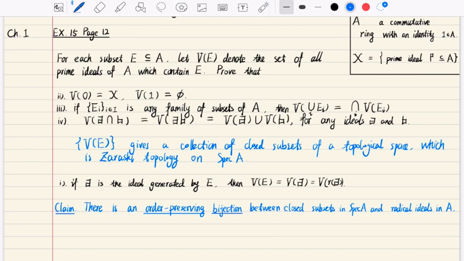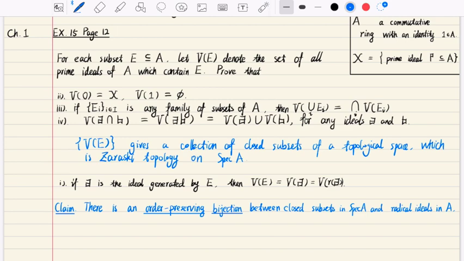The V of E is some closed subset of the spectrum. If you regard V as a map from the subsets of the ring A to the subsets of the prime spectrum, it is neither injective nor surjective.